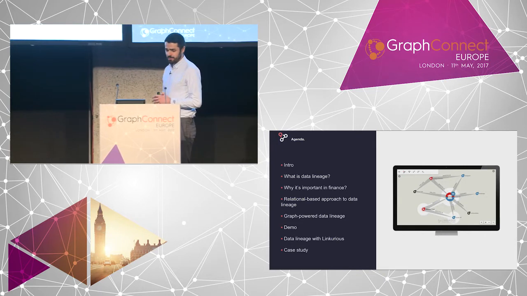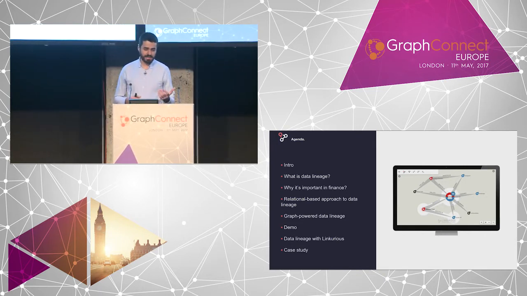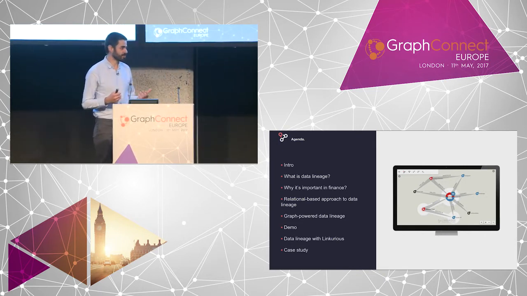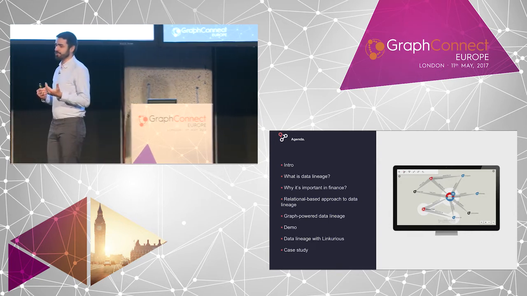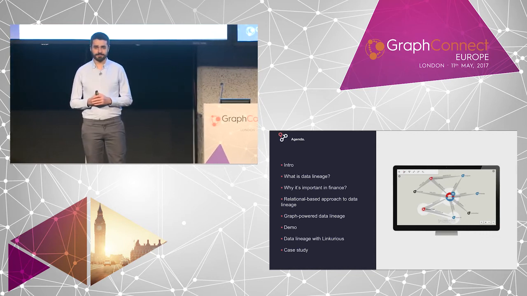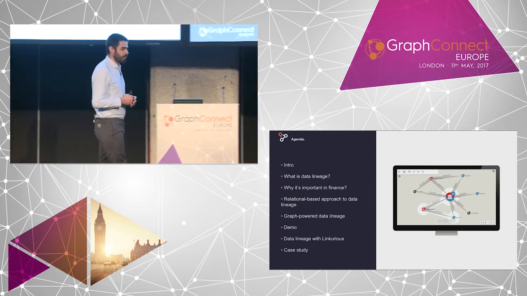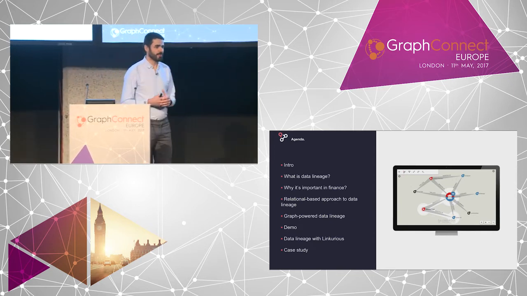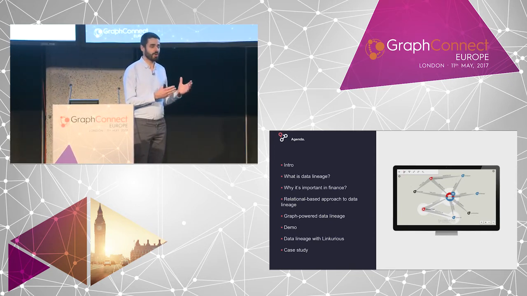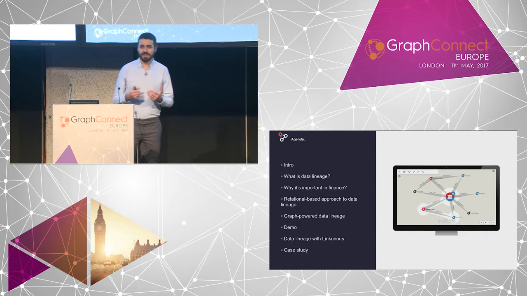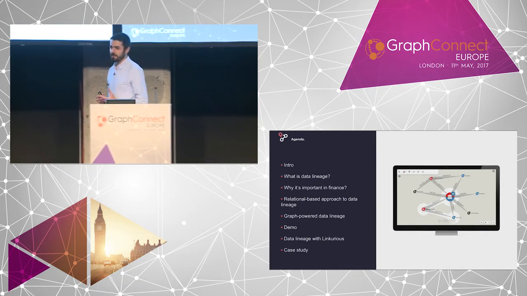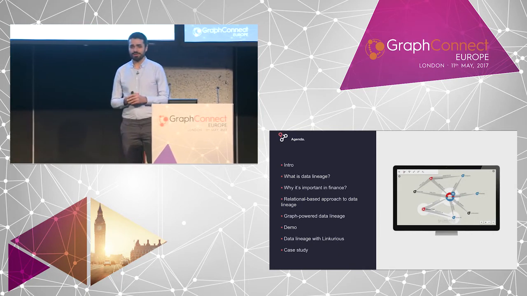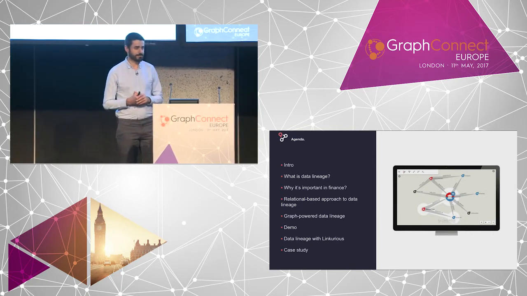For today's topic, I will be first explaining to you what is data lineage. Then I will also explain why it's so important right now in finance. I will also compare and contrast two approaches to data lineage. First, the relational-based approach to data lineage. And after that, I will explain what you can expect from using graph technologies to address your data lineage challenges.